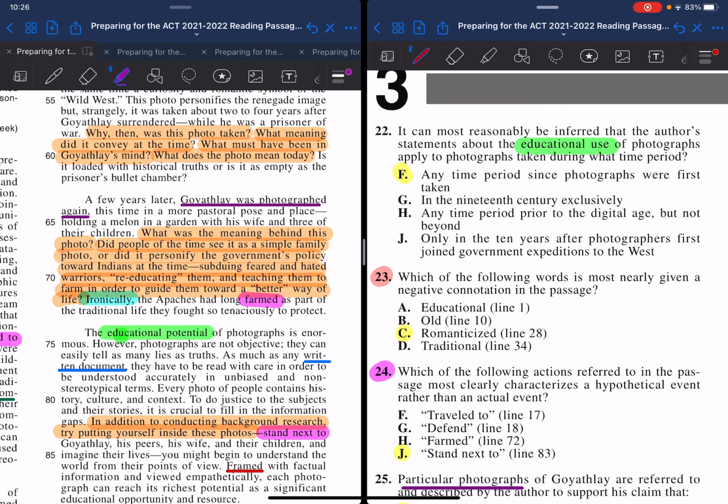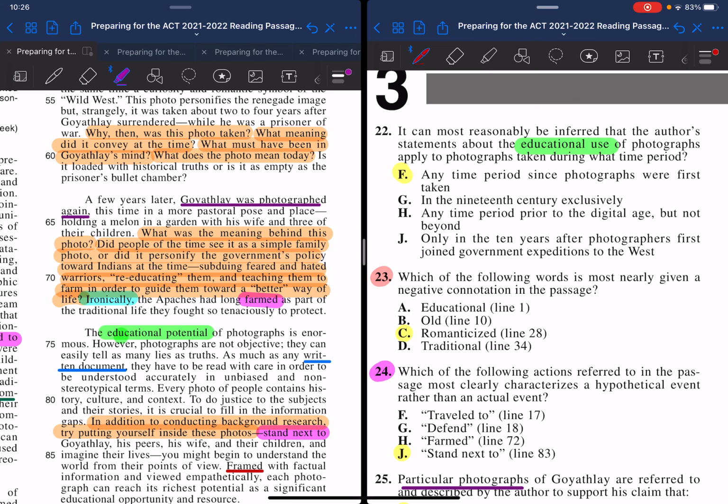Okay, well, that doesn't really help with any of these answers. But it says, however, photographs are not objective. They can easily tell as many lies as truth. Okay. Now, it doesn't seem to be answering much about during what time period.